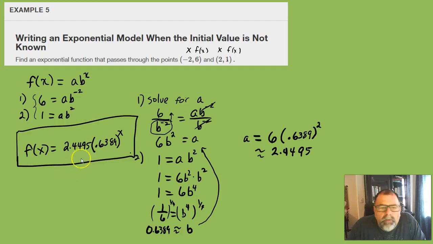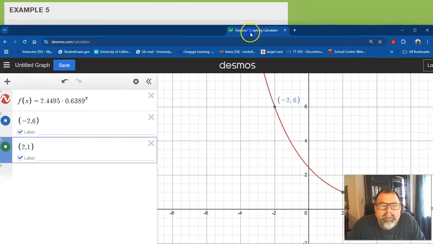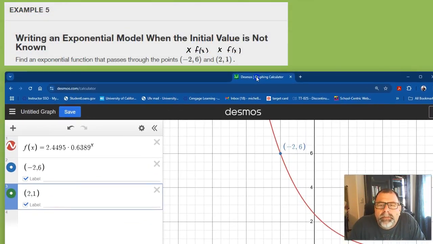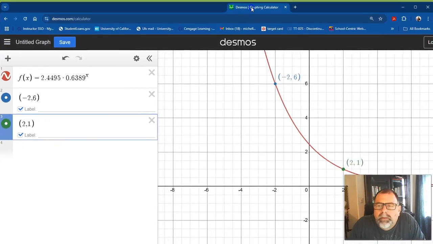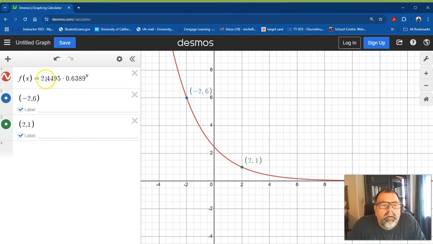All right, let me show you the graph of this function on Desmos, and that it does go through those 2 points that they gave us: negative 2, 6, and 2, 1. So here's the graph. f of x is 2.4495 times... you don't need the parentheses because you do the exponent first, and then you multiply.